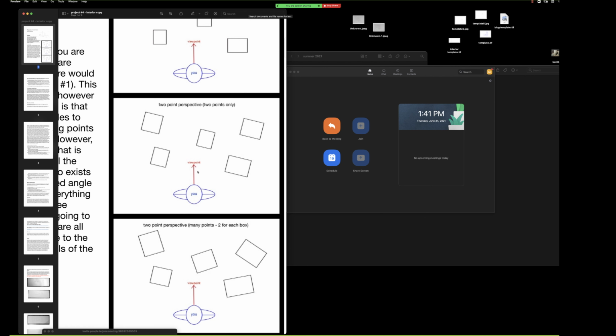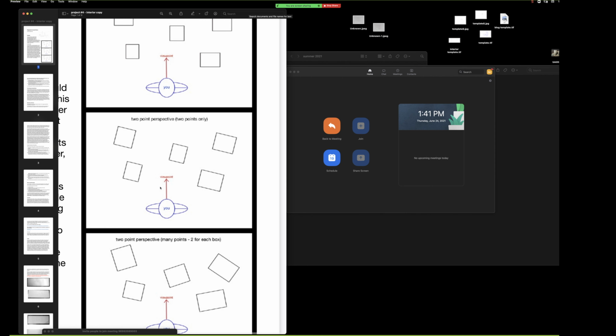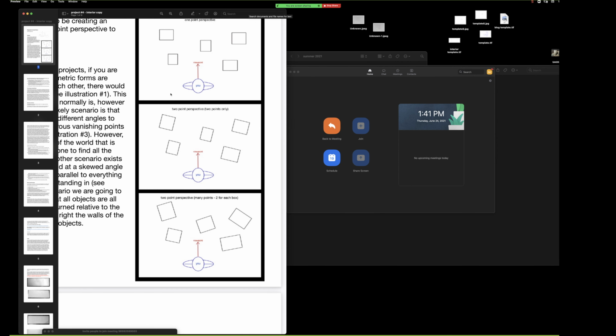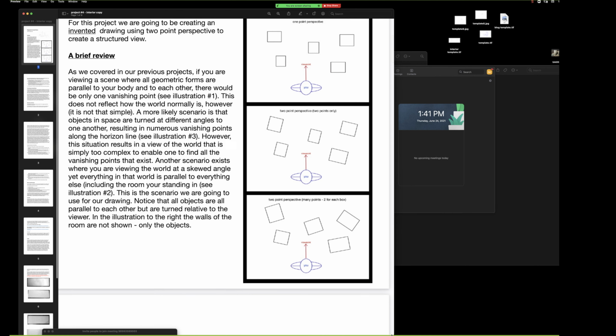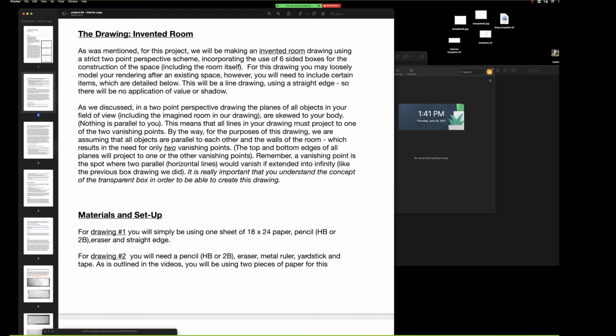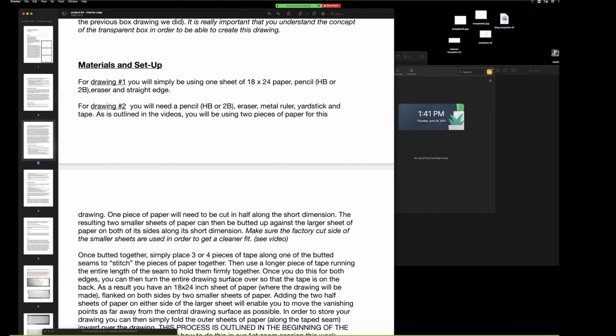The drawing we're going to make, this interior view, follows the middle scenario, where everything is lined up with everything else in the room perfectly, and you just happen to be looking into the corner of the room instead of straight on at one of the walls. It gets really complex in real life, so we're oversimplifying things, but you'll see how complex it is even when we oversimplify here. Once we finish, remind me to talk to you about a particular setup I want you to use for this drawing.